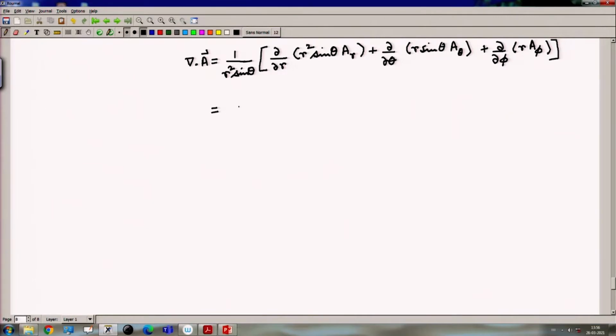And that is equal to 1 by r square sin theta. We substitute the values of A r, A theta and A phi.